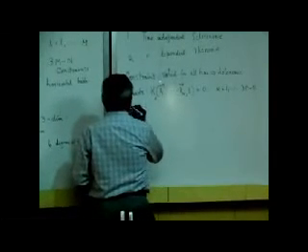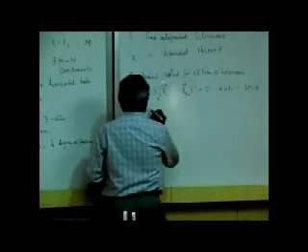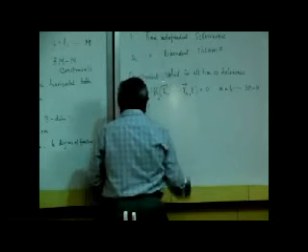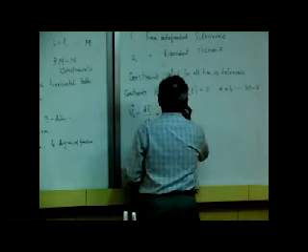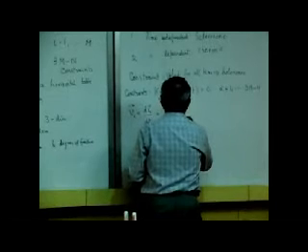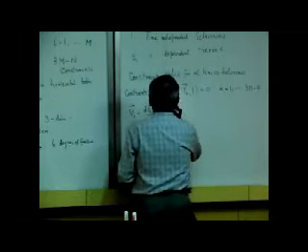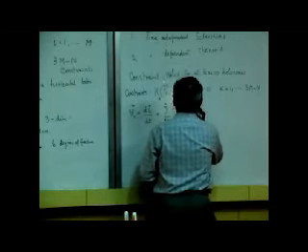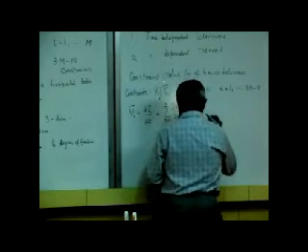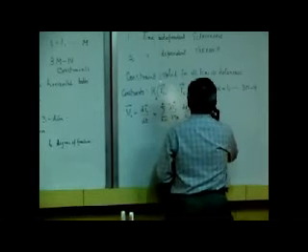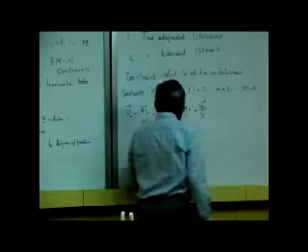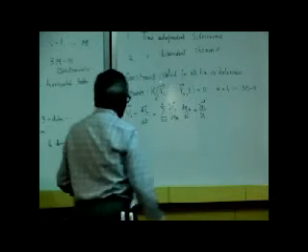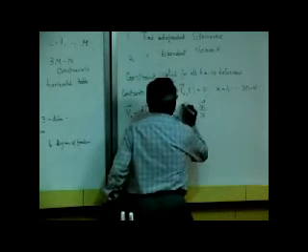Now let's look at the velocity of the ith particle, which is dRi by dt. This is equal to the summation over k going from 1 to n of dRi by dqk times dqk by dt, plus dRi by dt, which I can replace by qk dot.